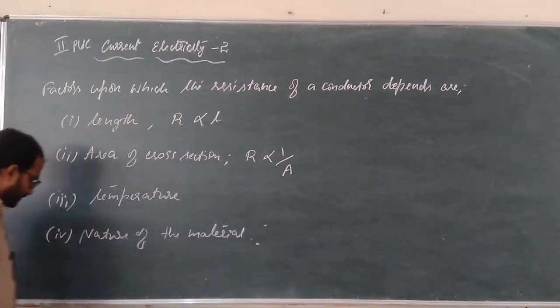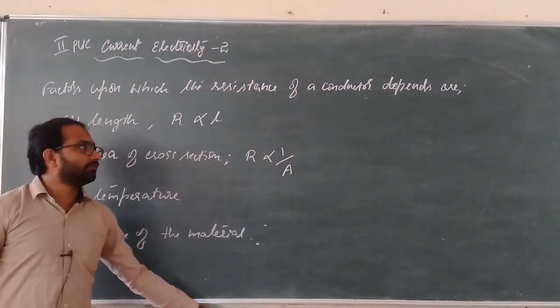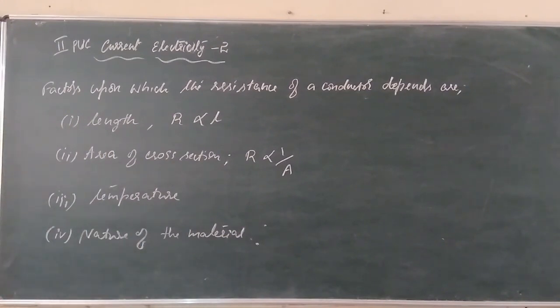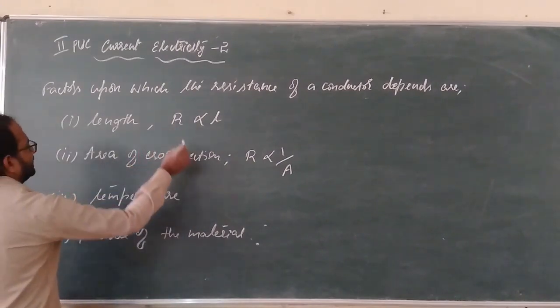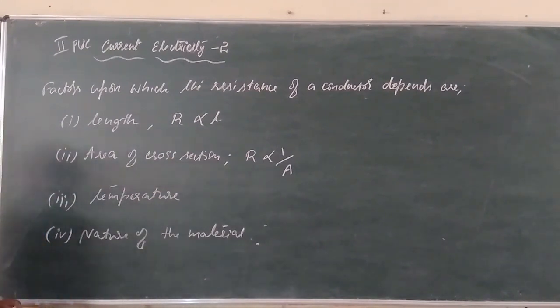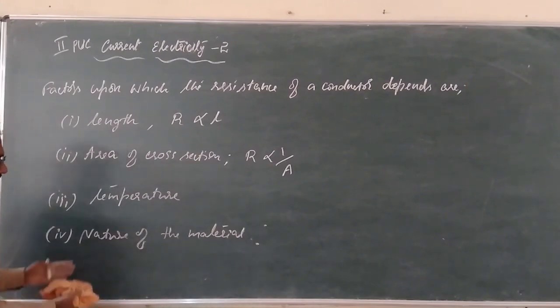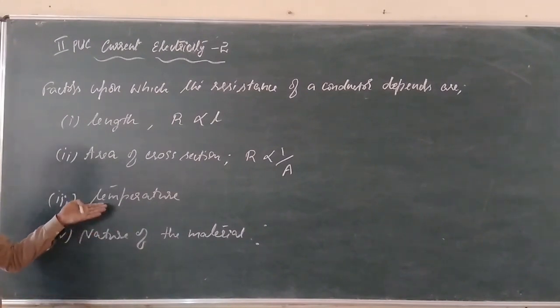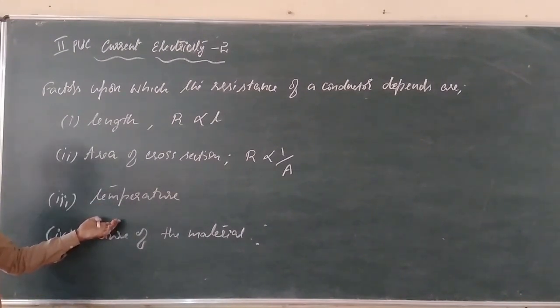So these are the factors on which the resistance of a conductor depends. Of these four factors, we will discuss length and area first. It also depends on the nature of the material used, what the material of the conductor is, and it is also dependent on the temperature.